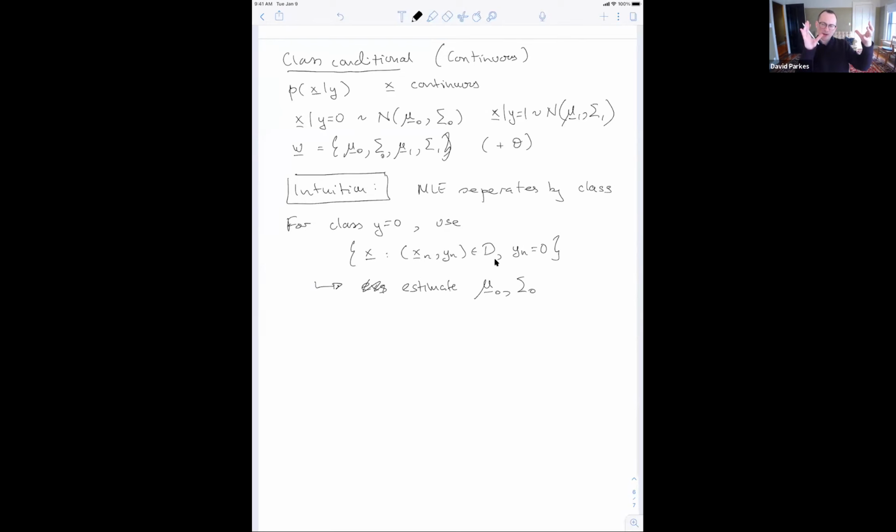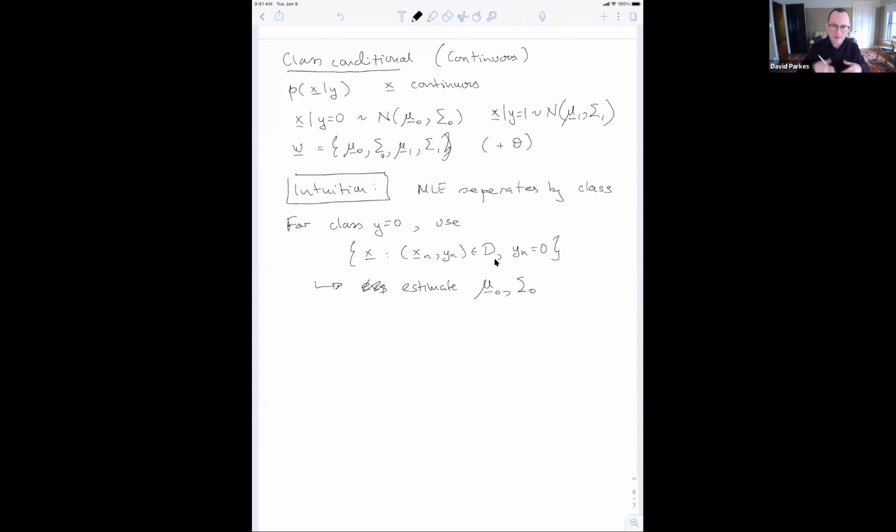So picture, if you can, just 2 dimensions, a 2-dimensional feature vector distributed according to a Gaussian distribution with a mean and a covariance. The covariance might stretch it in a particular direction. Think about y_n equals 0 being cats, and there being 2 dimensions, like how fluffy they are and how snouty their face is, a way to think about cats versus dogs.